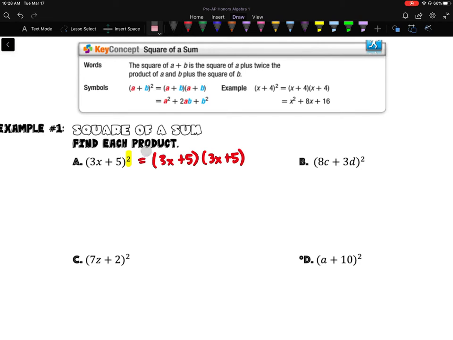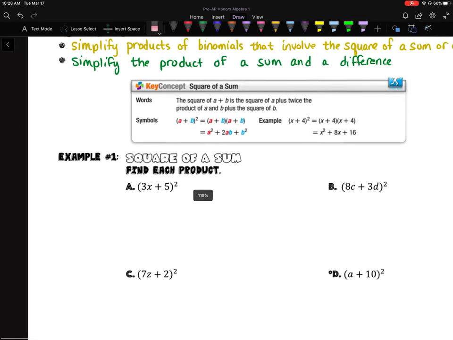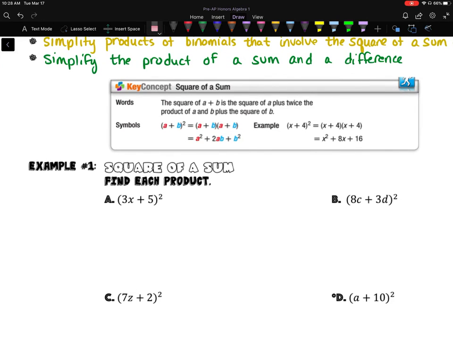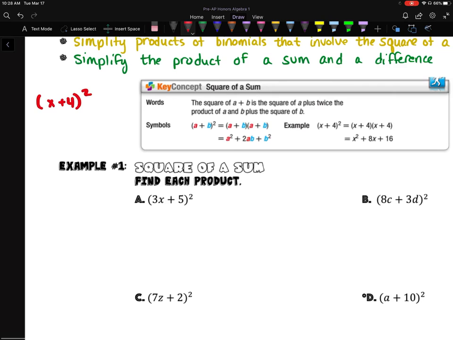But today I'm going to show you a little shortcut that will hopefully speed up the process for you. If you look at the key concept, the square of a sum, what they're saying is that if you have something that is raised to a power, like x plus 4 quantity squared, remember that is just x plus 4 times x plus 4.